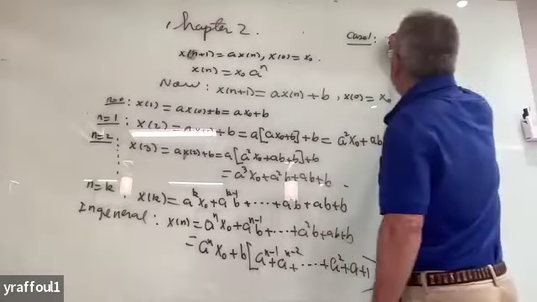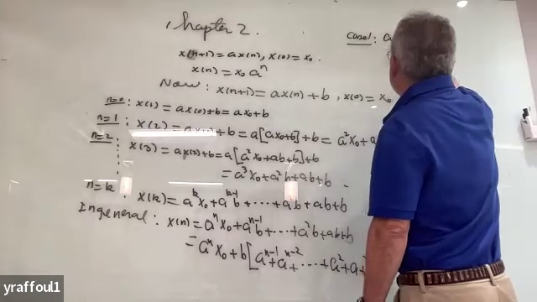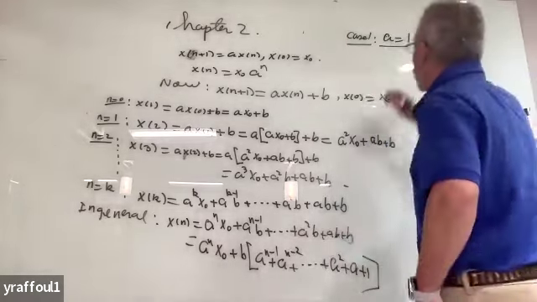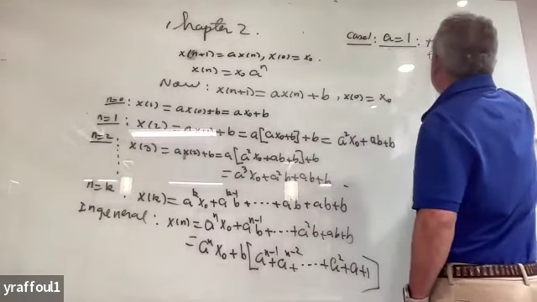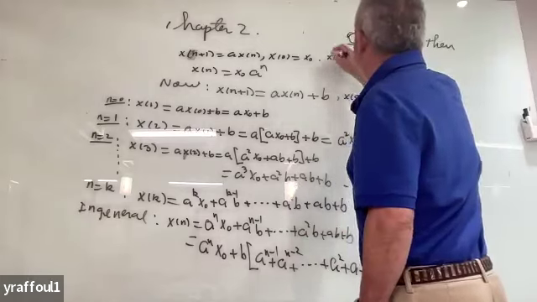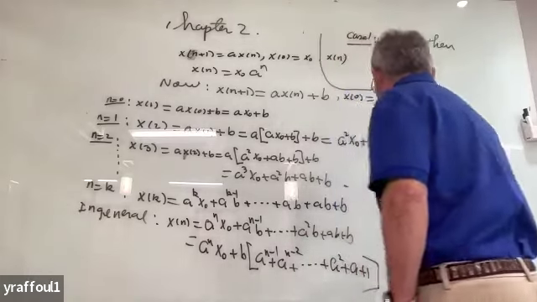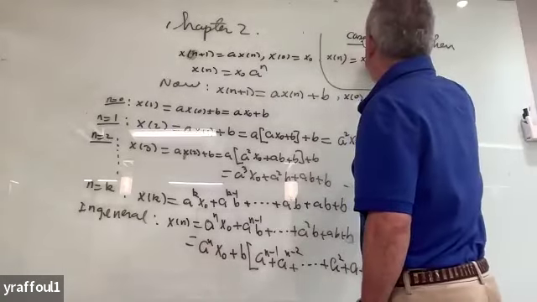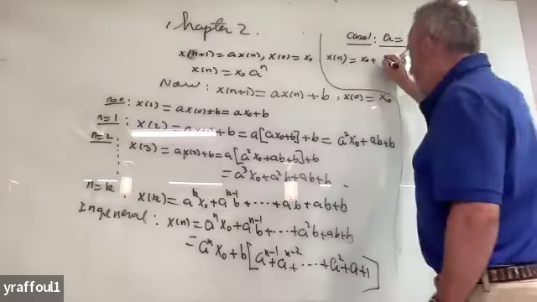Case 1 is a equal 1. If I look at a equal 1, then xn equals x naught plus b times the sum.